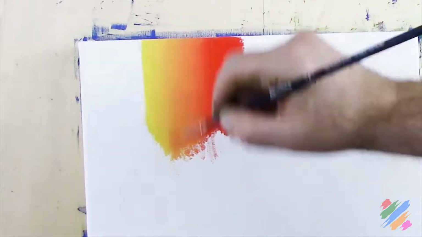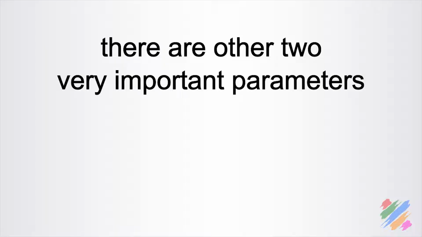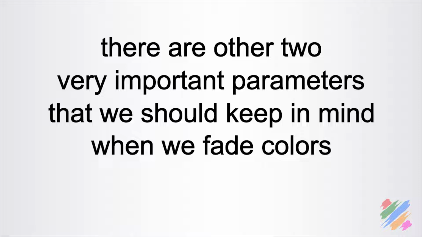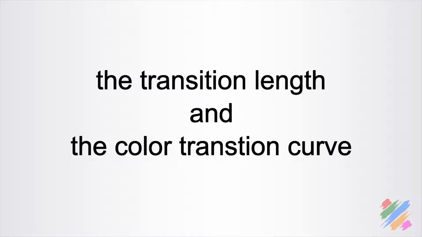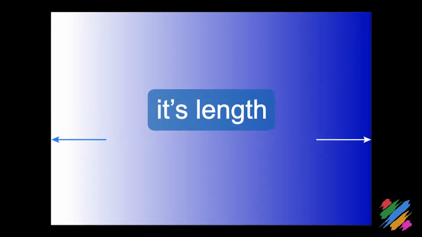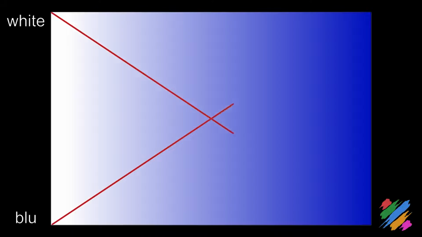There are two other very important parameters that we should keep in mind when we fade colors, and they are the transition length and the color transition curve. In this case, the transition goes all over the canvas, so its length is the canvas width. And since it's a linear transition, its color curves are straight lines.